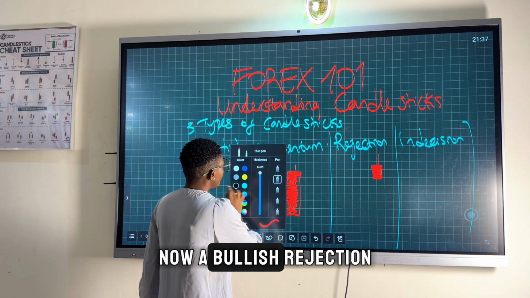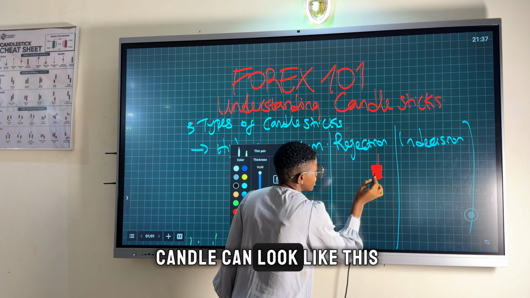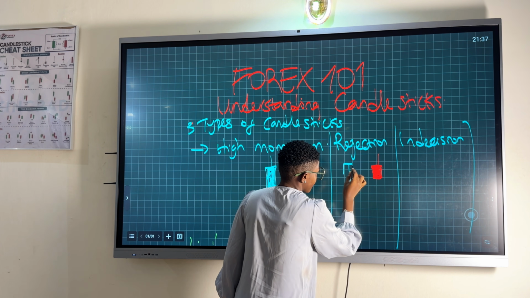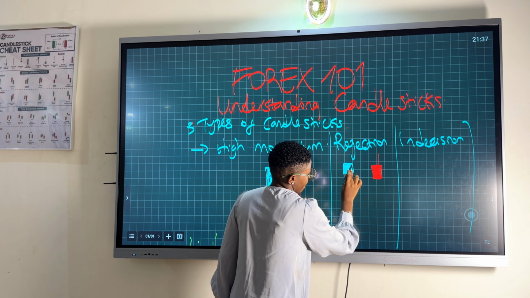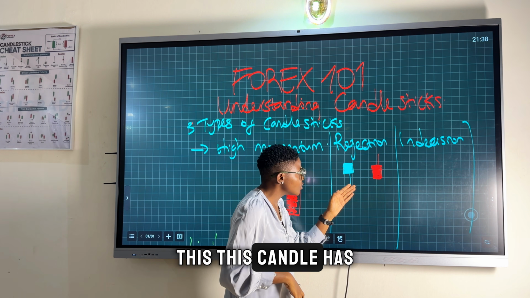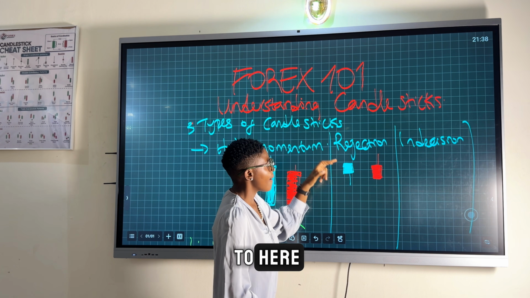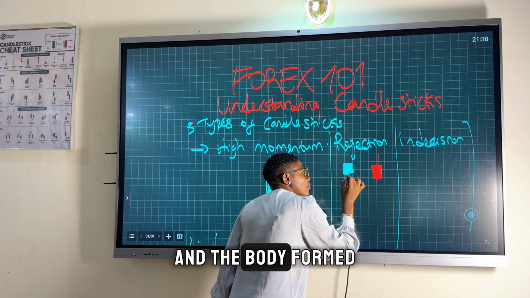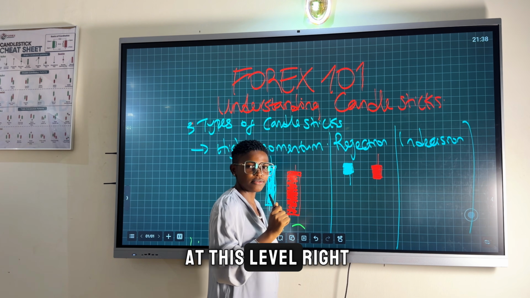Now, a bullish rejection candle can look like this. This candle had sold down up to here, but then buyers pushed it up and pressured in, and the body formed at this level.